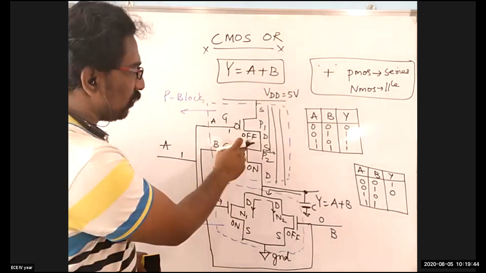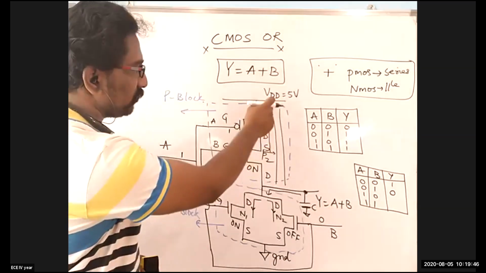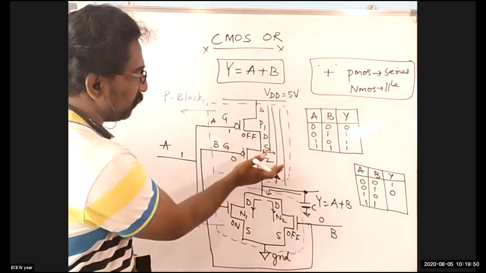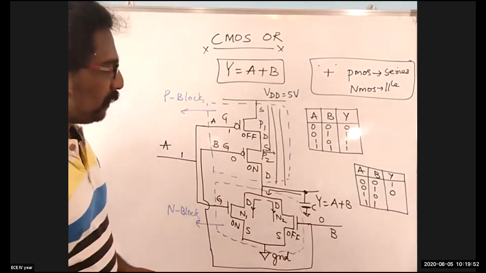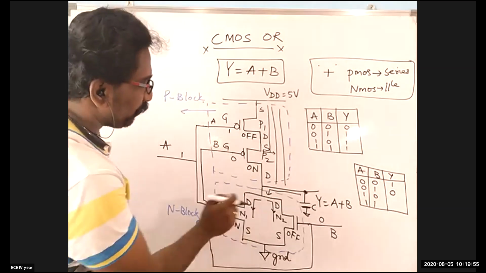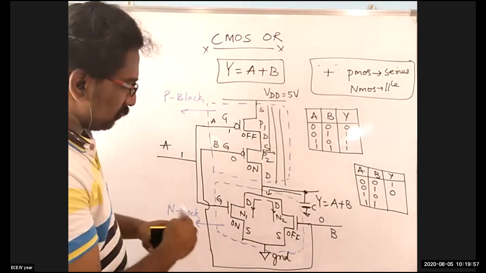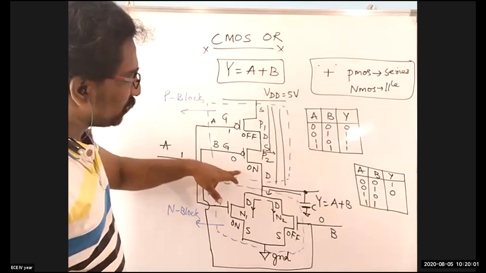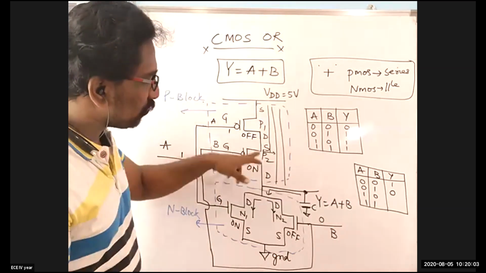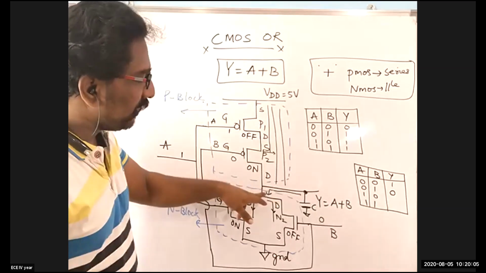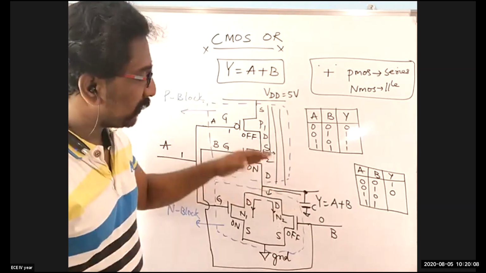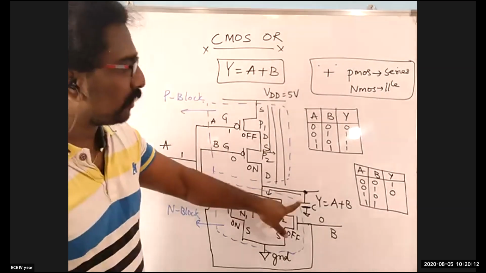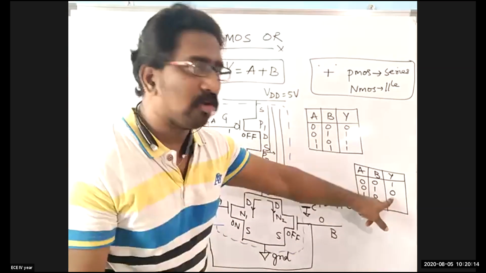Since P1 is off, there is no scope for the charge to move from VDD to this point, so completely forget about this P block. Now coming to this one, whatever charge was stored in this particular channel up to here, in the previous case there is no charge over here, because in the previous state itself the complete output has become 0.